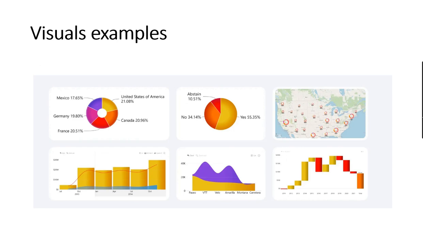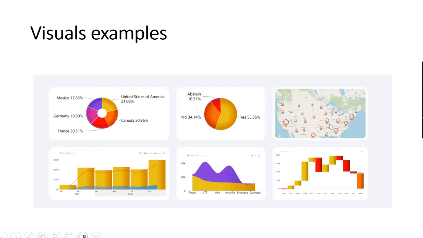So these are a few visuals. This is a donut chart which is comparing population around a few countries, or maybe some sales data in a few countries like Mexico, Germany, France, Canada and USA. And this is a simple pie chart showing information about three different categories: absent, no and yes.